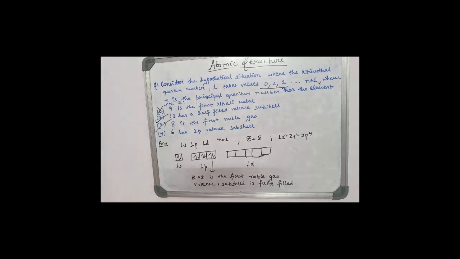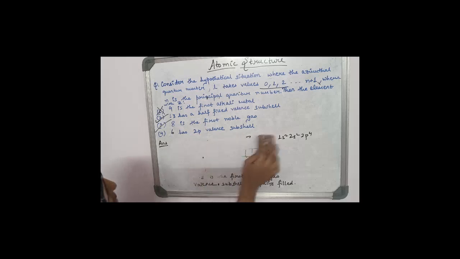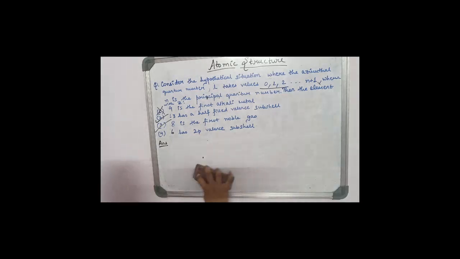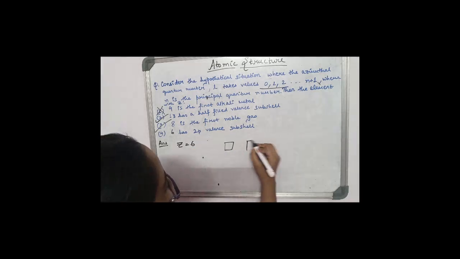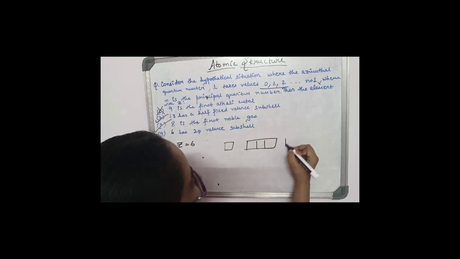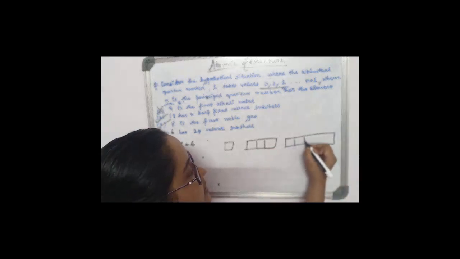So now let us check whether the fourth option is correct or incorrect. For Z is equal to 6, what happens? They are saying that 6 has a 2p valence subshell. Let's see if it is true or not. Again, we have 1s, 1p and 1d.